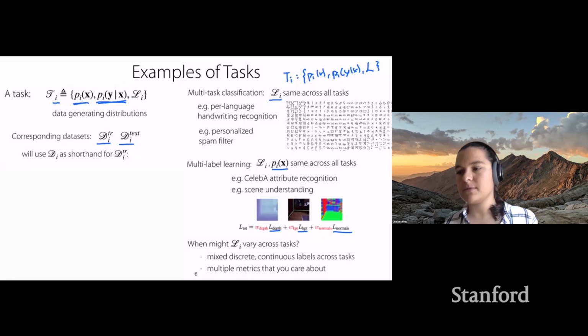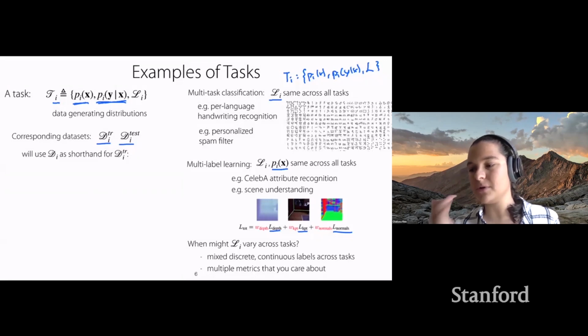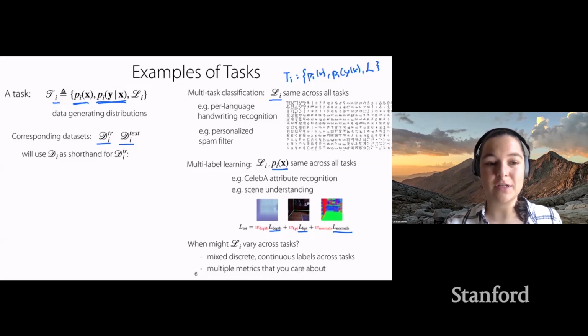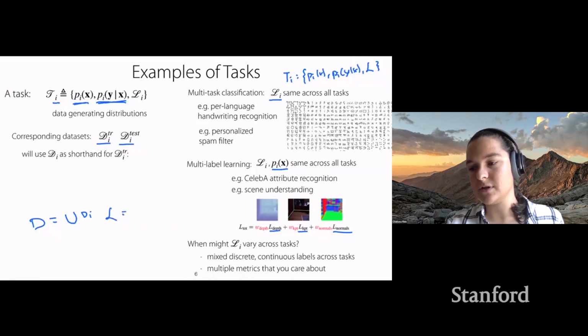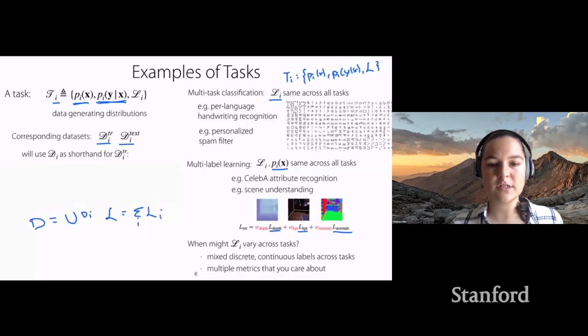So like we mentioned in the previous lecture, in multitask learning problems, you can typically always represent it as a single task problem by taking a single dataset to be equal to the union of all of the individual datasets, and likewise the loss function as the sum over the individual loss functions.